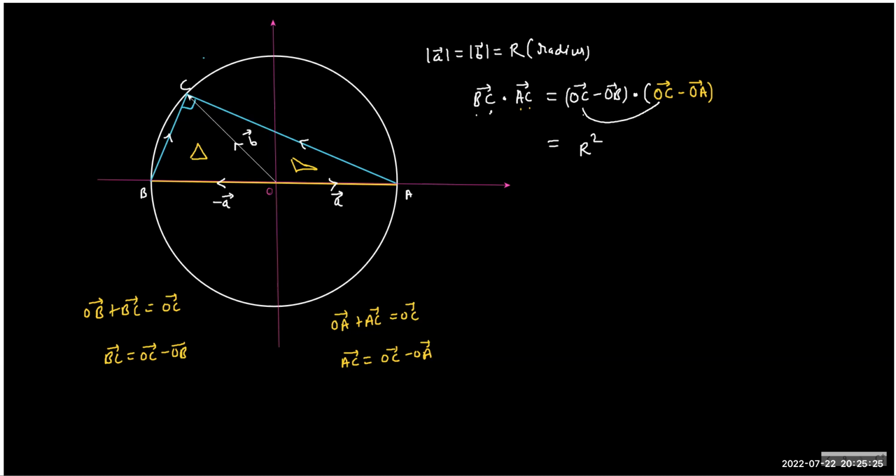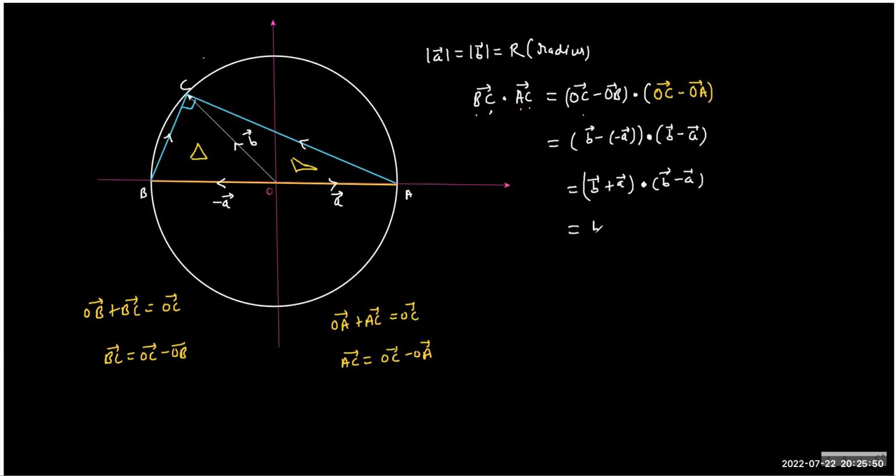Or anyway, what is OC? OC was the B vector. OB is the minus A vector. OC is the B vector and OA is the A vector, correct? So B plus A vector dot B minus A vector.